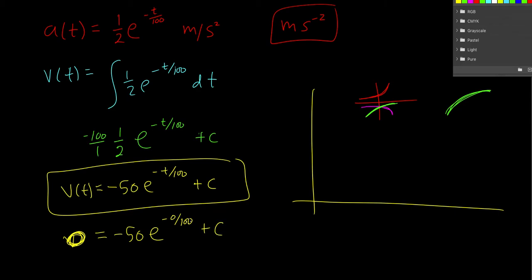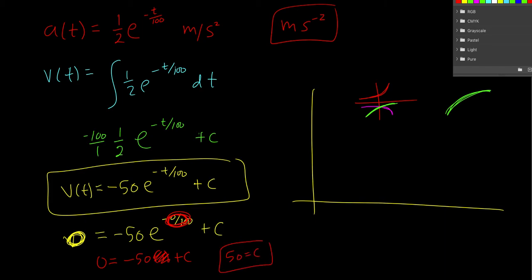So 0 over 100 is 0. Negative 0 doesn't really mean anything, it's just 0. And so this is like e to the 0, and e to the 0 is 1. So we have negative 50 times 1, which is really just negative 50. We add 50 over here, and so we see that c is equal to 50.